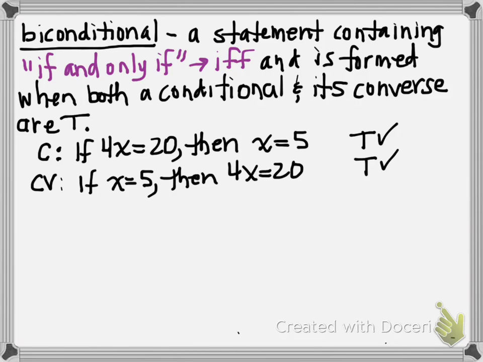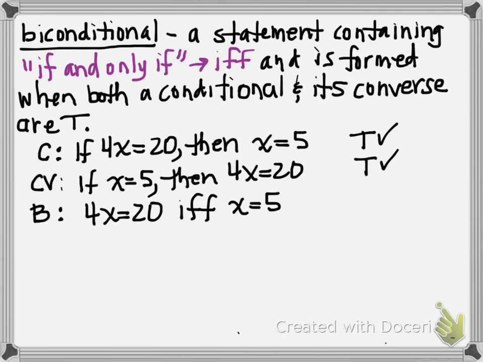And that would also be true. So we can write it as a biconditional. And I usually go back to the original conditional and use it as a starting point. So 4x equals 20, and here comes that abbreviation, if and only if x equals 5. And then that would also be true. So it's a situation where things are also always going to be true.